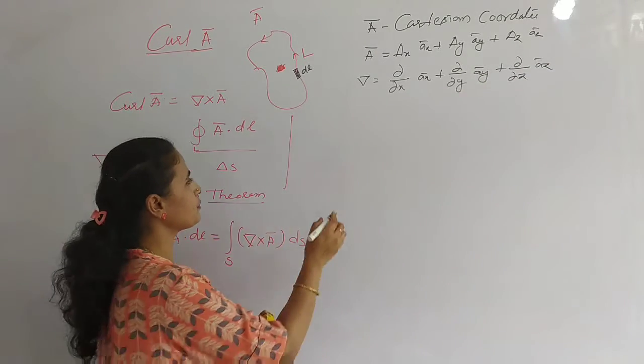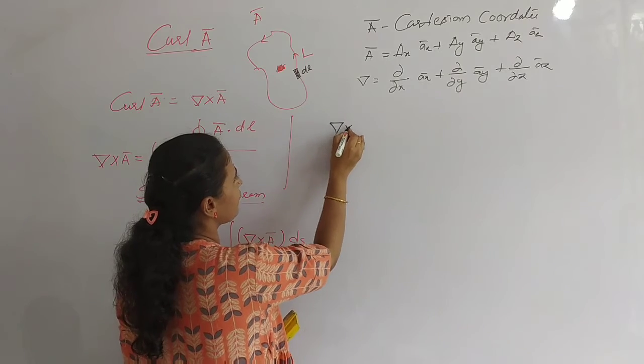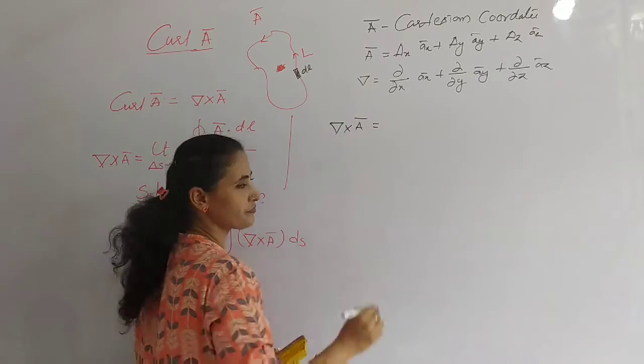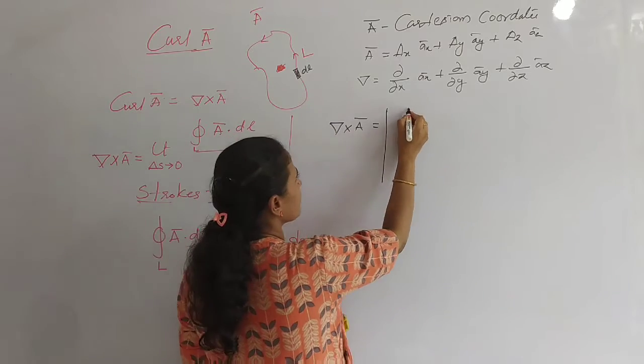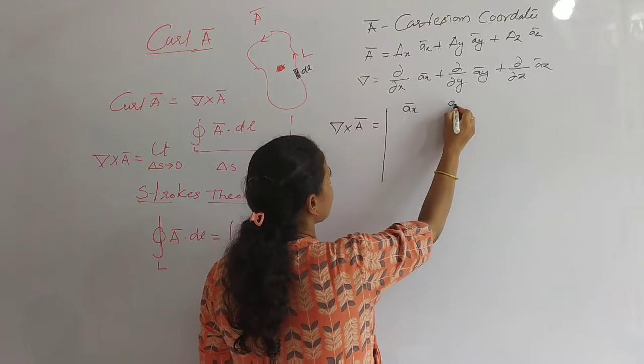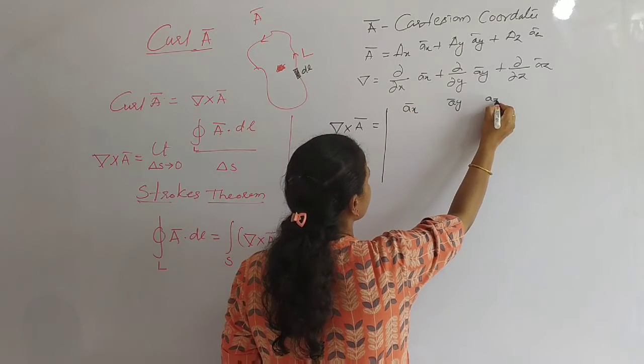Now we have to obtain the cross product of del with A bar. As a cross product, we write it in determinant form.